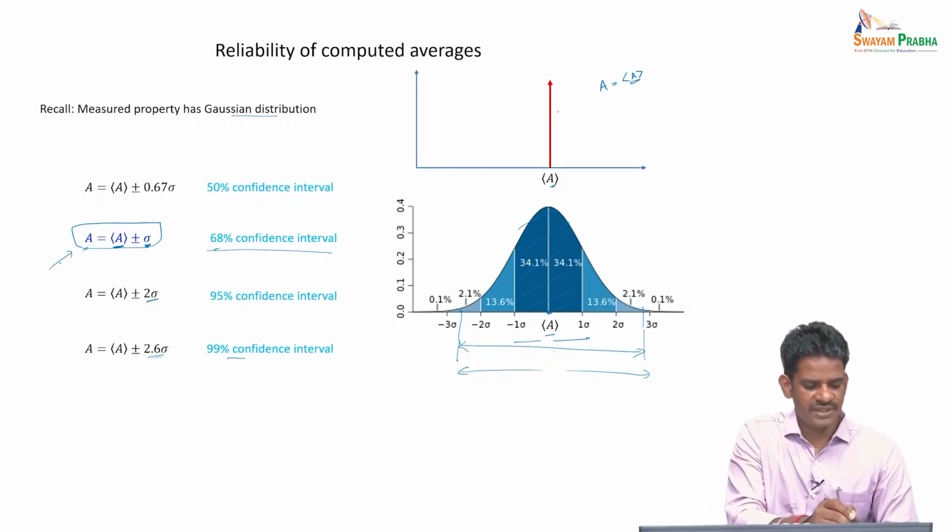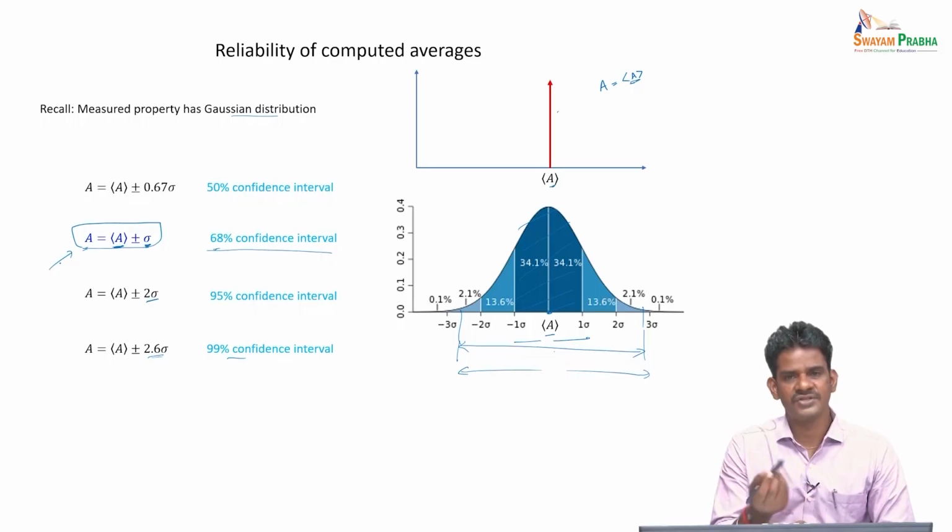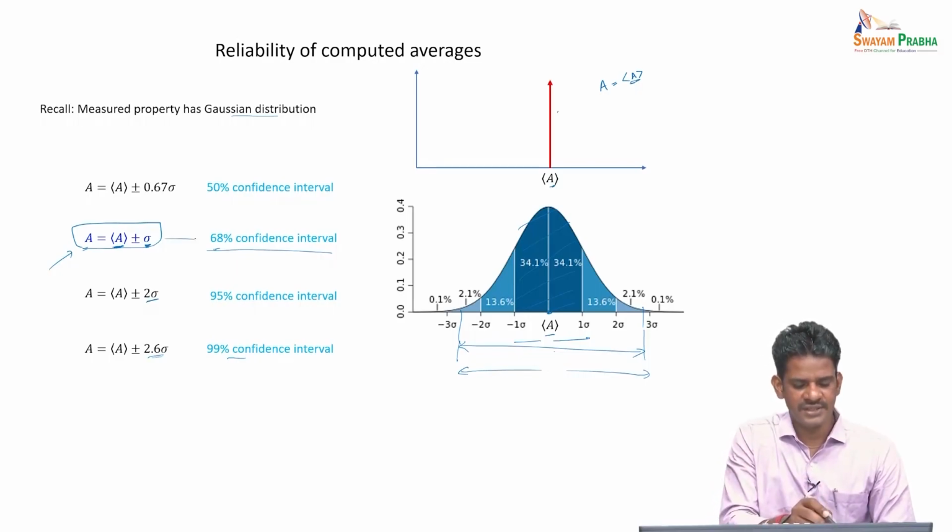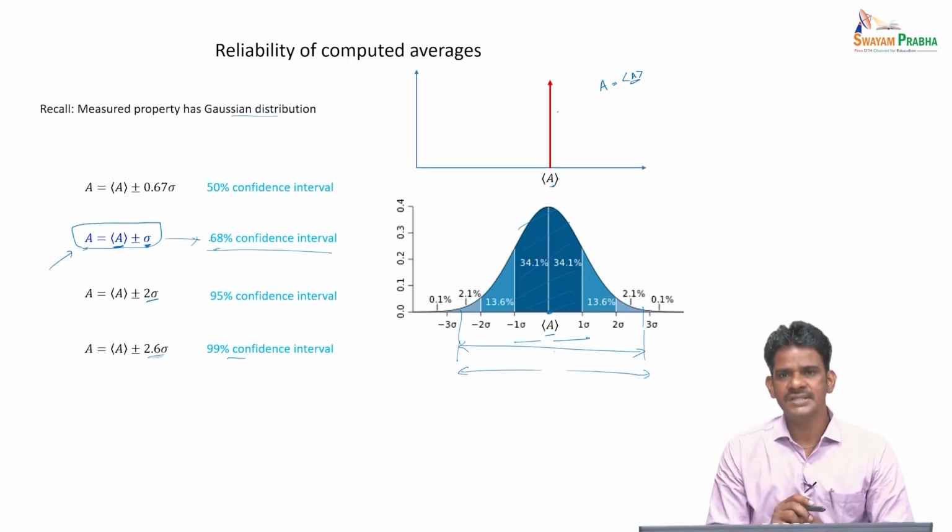So typically you see the measurements being reported as mean plus or minus sigma, and we have to remember that the implication of that result is that the value of A is within a 68, or close to 70%, confidence interval. If you want to increase this confidence interval, then we have to give the values in terms of mean plus or minus 2.5 sigma.